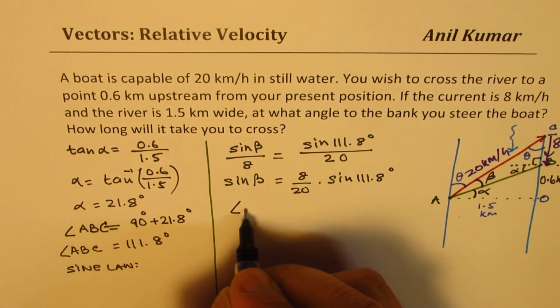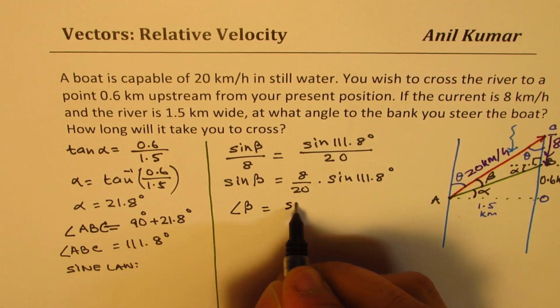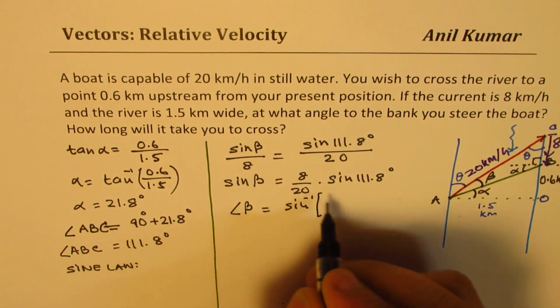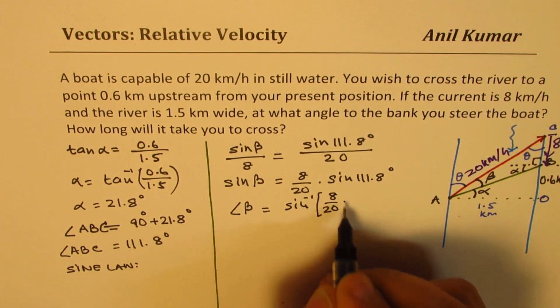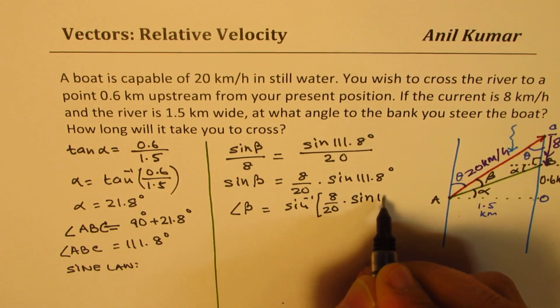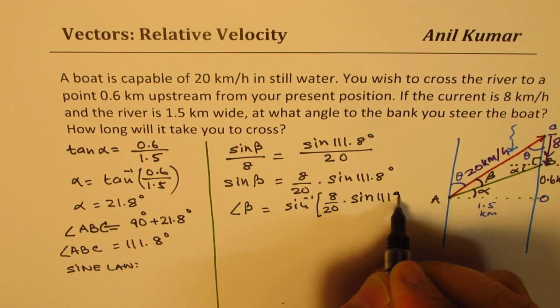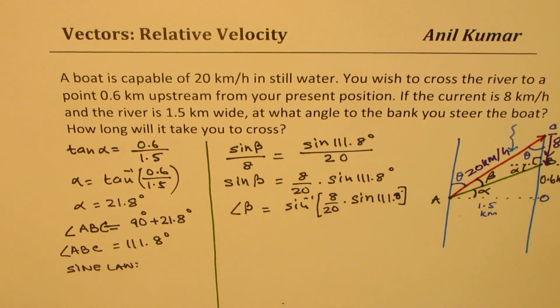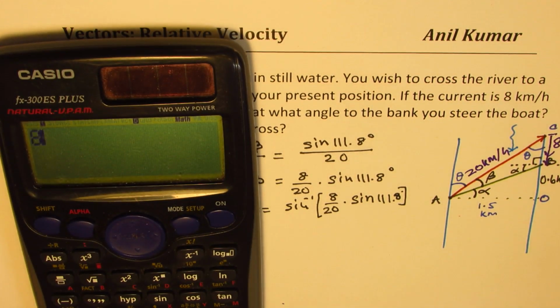So the angle beta will be equal to sine inverse of 8 over 20 times sine of 111.8 degrees. Perfect. So let's figure this out. So we have 8 divided by 20 times sine of 111.8, right?